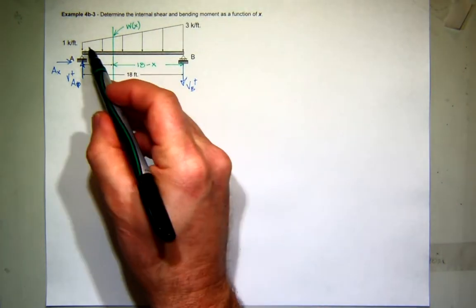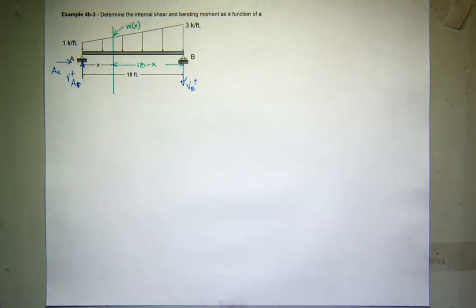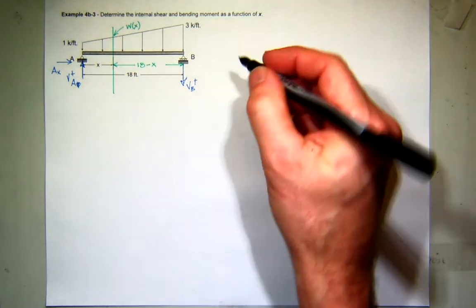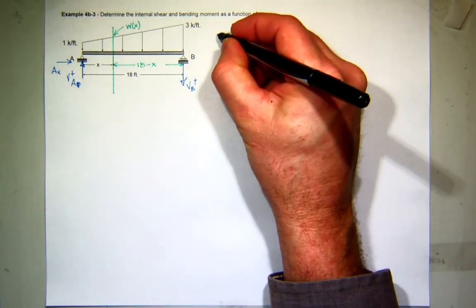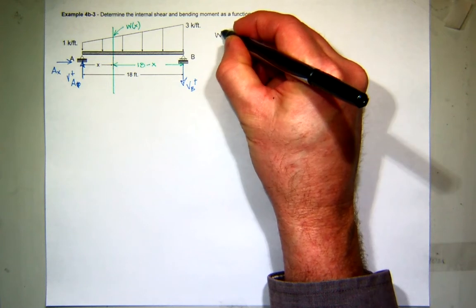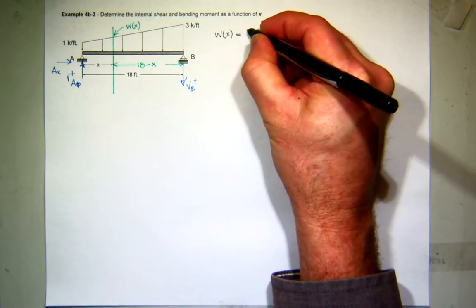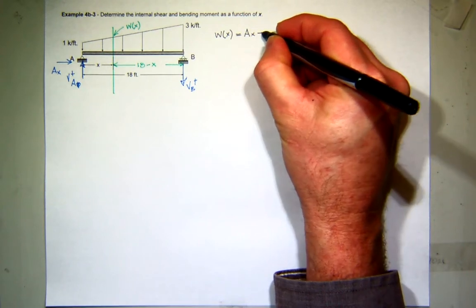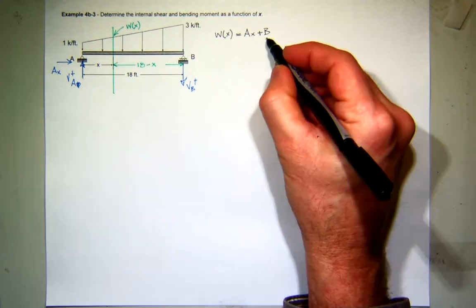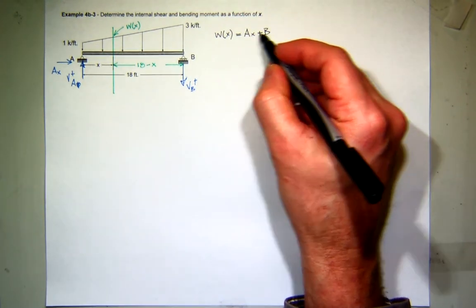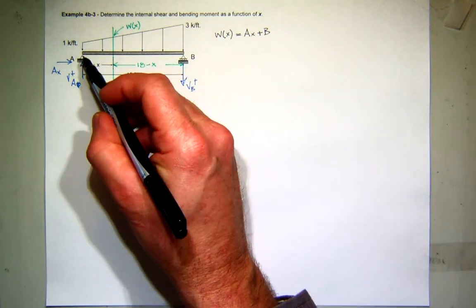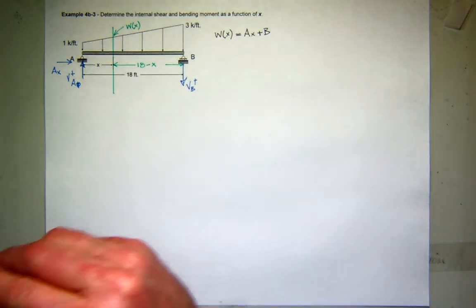So how can I write this distributed load as a function of x? Well, it's a straight line. And we always know that a straight line, in this case the straight line describing the load, is Ax plus B, right? And what is B? It's the value of the load when x is 0. What is the value of the load when x is 0? 1.